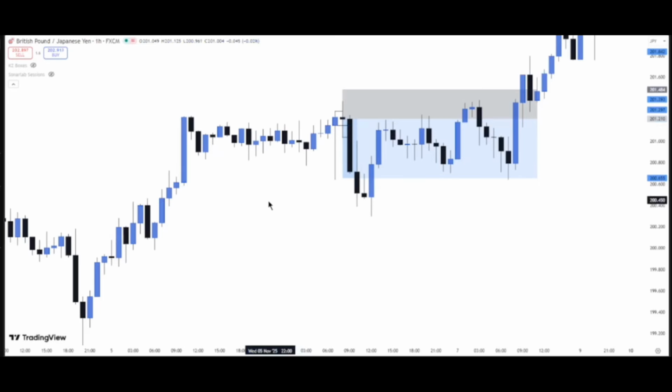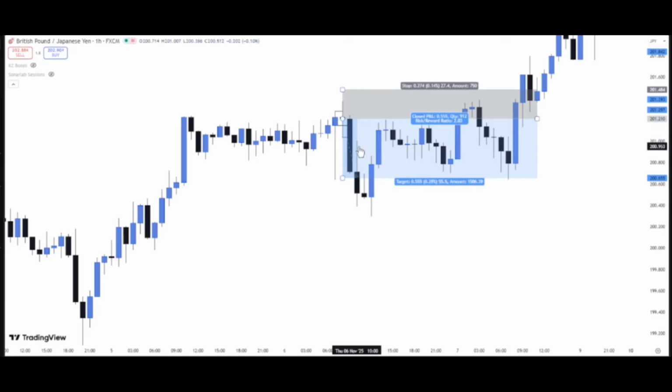Correct? Now, let me ask you a question. If you understood what I've been telling you from the beginning, does this first candle meet our rules? The 3 rules are met, but there is one thing missing.